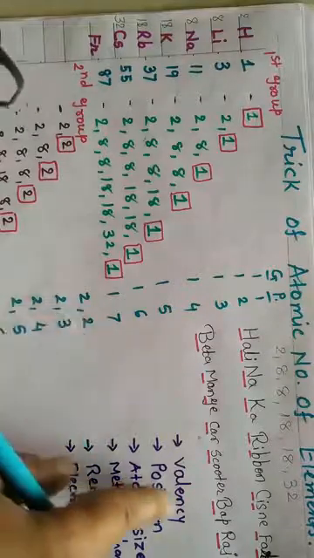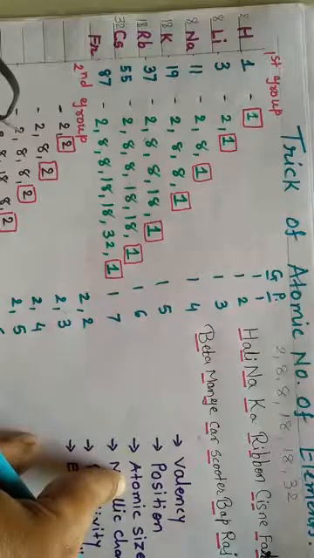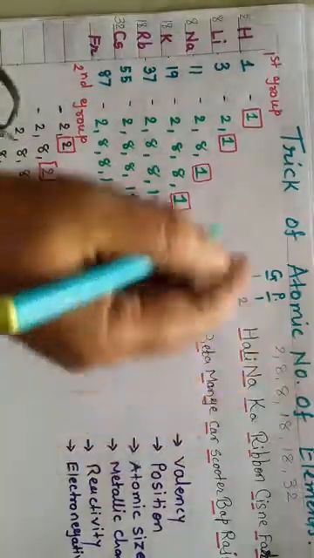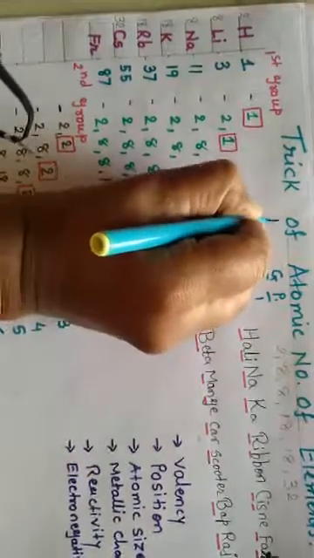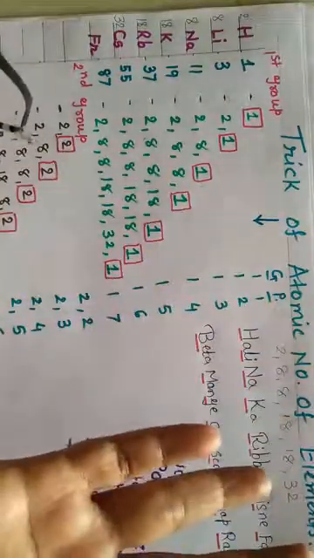After position, the next property we can know from the periodic table is atomic size. As you can see over here, as we go from up to down in a group, the size of the atom is increasing.